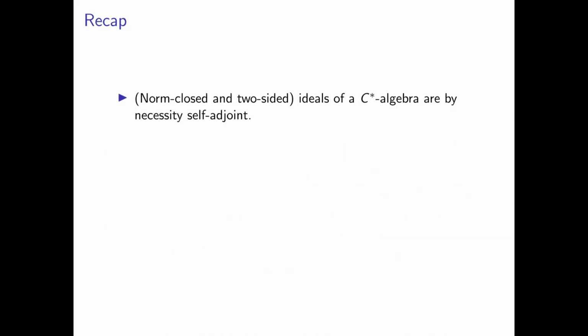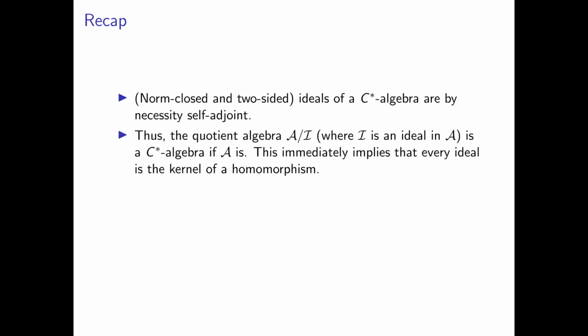So, to recap, first off we have that norm closed and two-sided ideals of C-star algebras are by necessity self-adjoint. And thus, the quotient algebra of A by any ideal I is a C-star algebra if A is. And this immediately implies that every ideal is the kernel of a homomorphism.